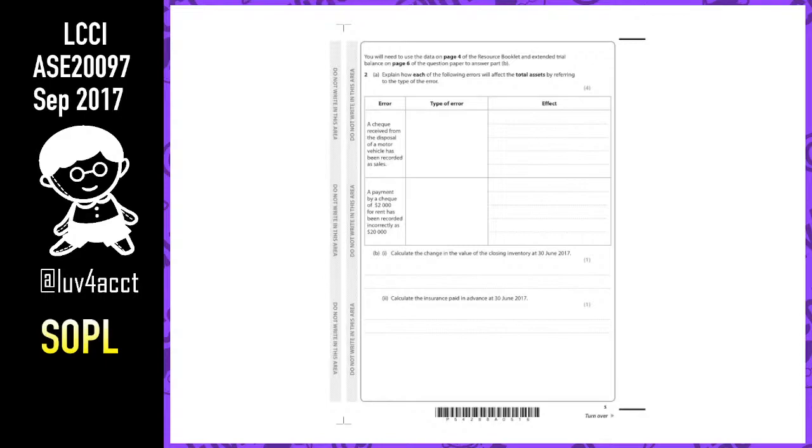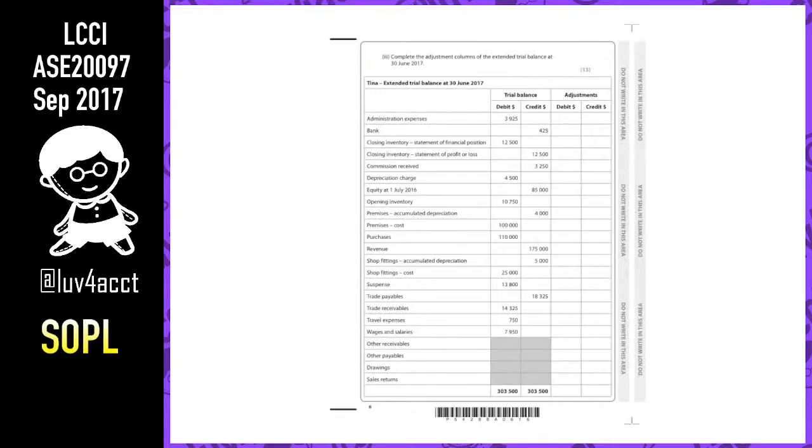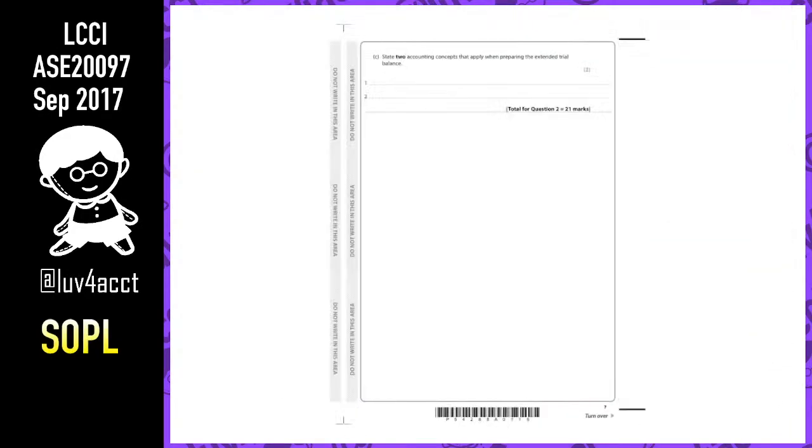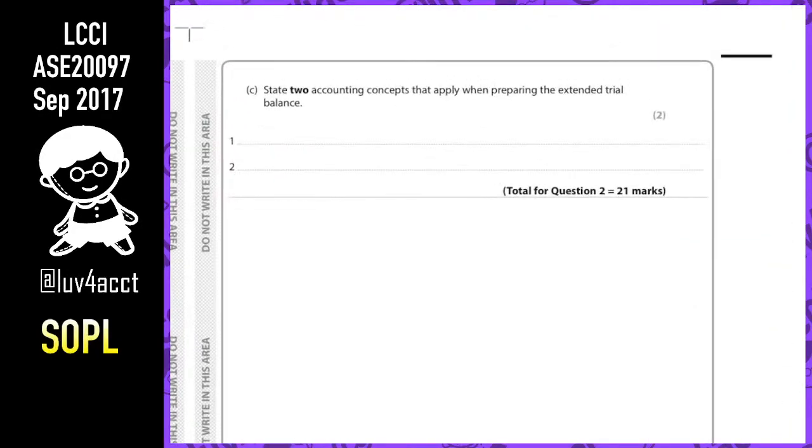Calculate the change in the value of closing inventory. And then insurance paid in advance. And then the extended trial balance, 13 marks, including the total line. And then some other questions. State 2 accounting concepts that apply when preparing extended trial balance. Very strange indeed.